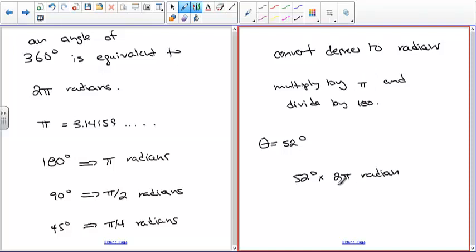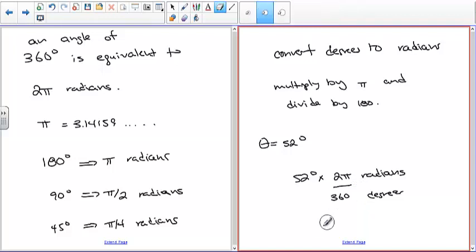So we know there are 2 pi radians per 360 degrees. If you simplify this down, you'll get pi divided by 180. So that's where that comes from. But you can remember 2 pi is the same as 360 if you're trying to remember.